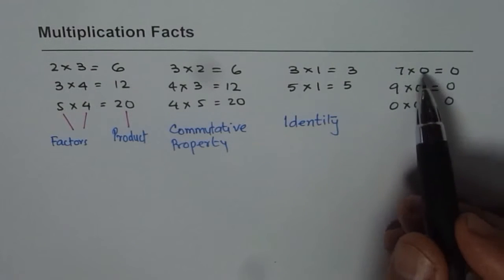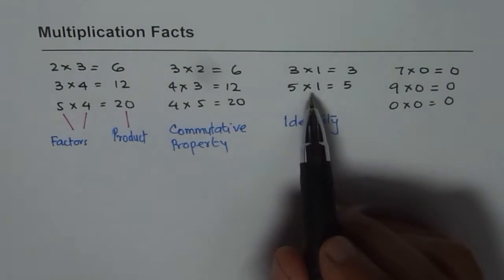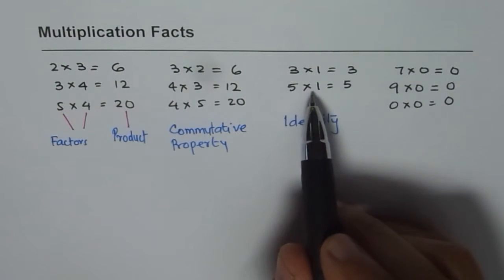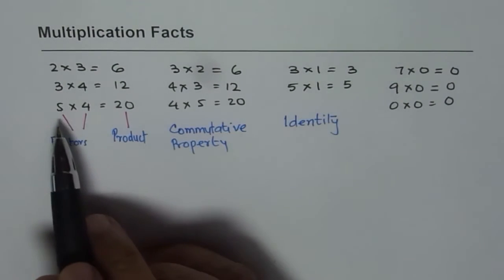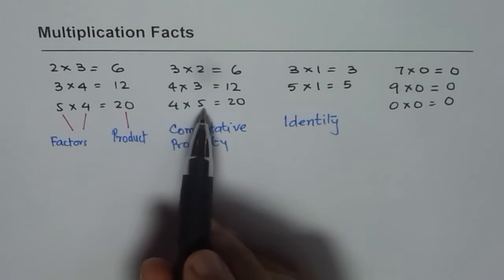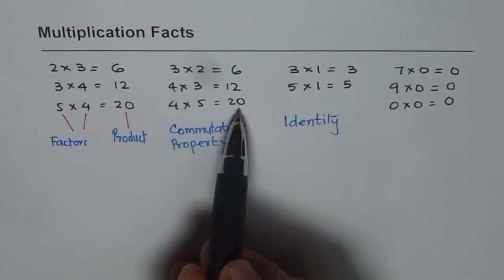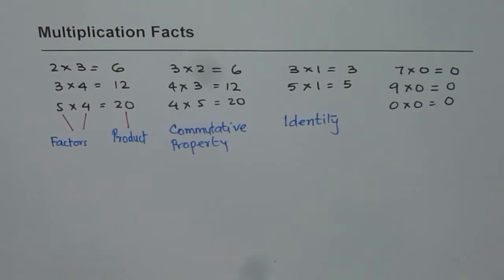Whenever you multiply by 0, you always get 0. Whenever you multiply by 1, you get the same number which is being multiplied by 1. Whenever you multiply any two whole numbers, you get a higher number. But if you multiply by 1, you get the same number, right? So these are a few multiplication facts.